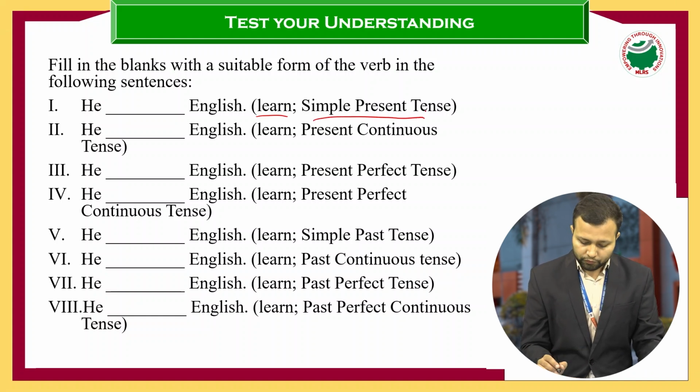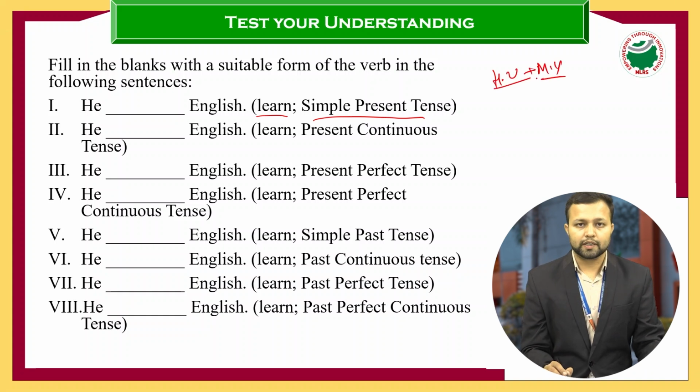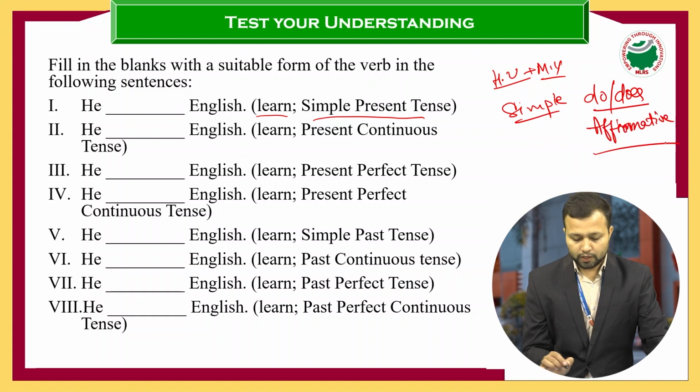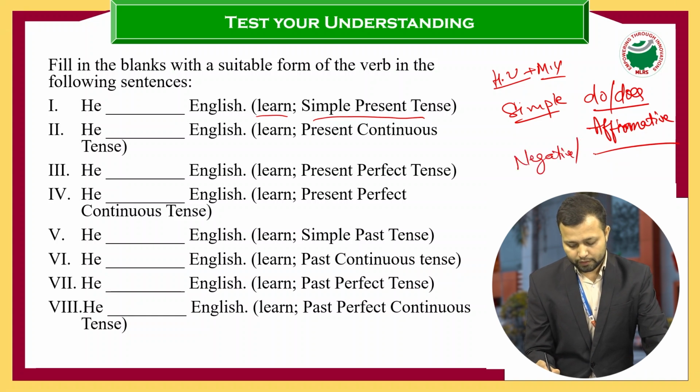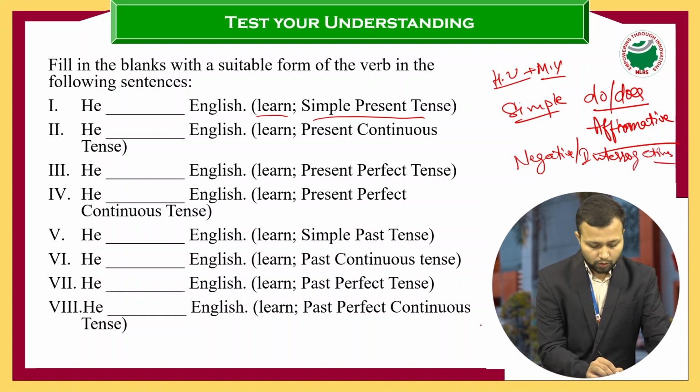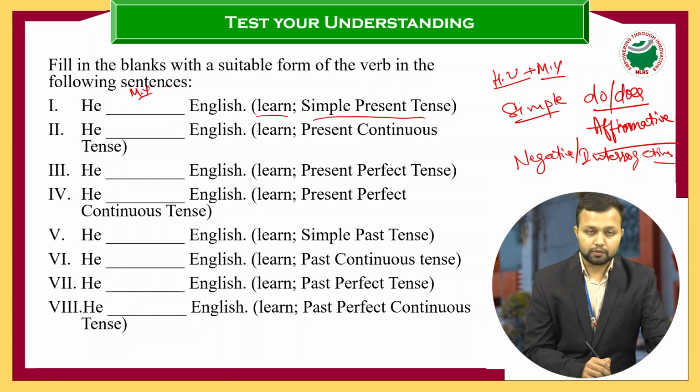Now we need to use helping verb plus main verb in all the tenses, but in the case of simple tenses, we do not use do or does in affirmative sentences. Then where do we use them? We use them only in negative and interrogative sentences. Right? So in this sentence, only the main verb is to be used.